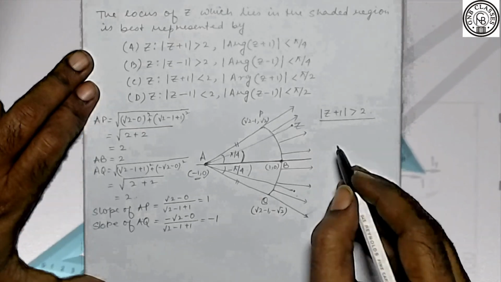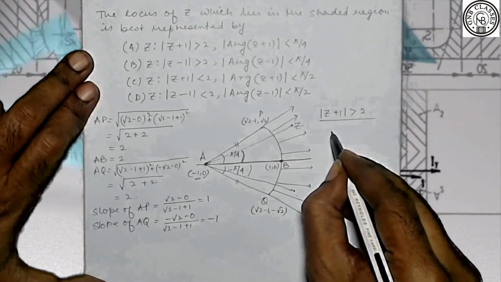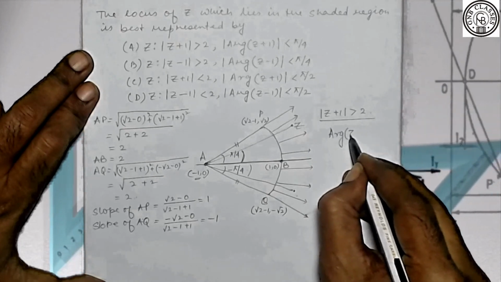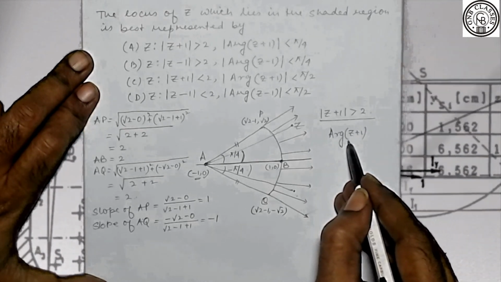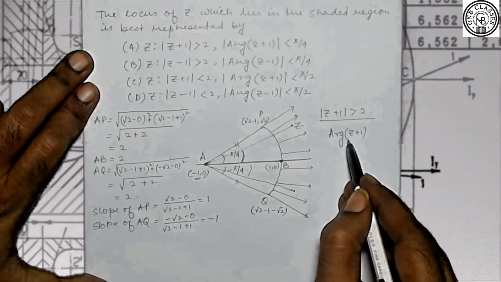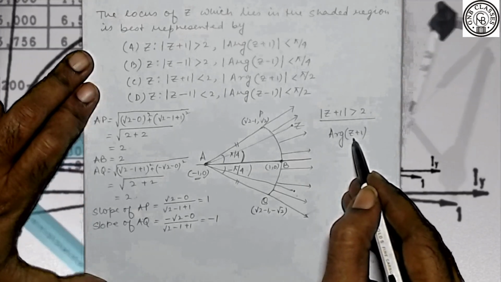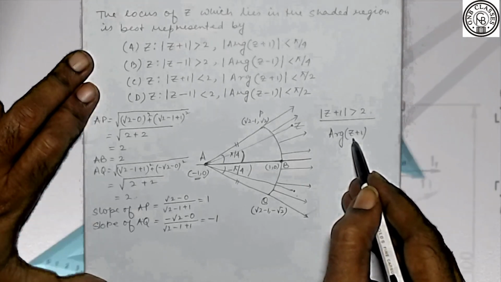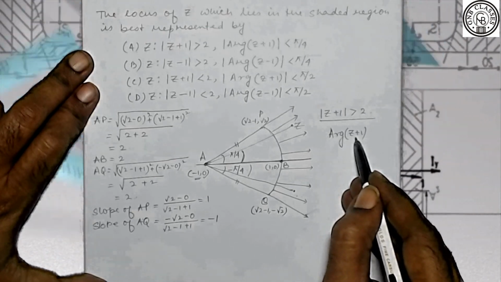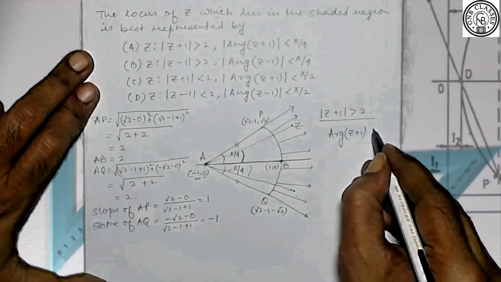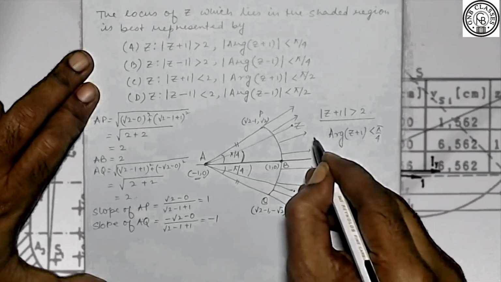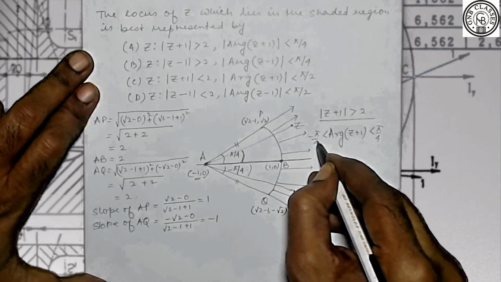In mathematical notation, we can write the argument of Z plus 1. What is the argument of Z plus 1? It is the ray emanating from the point -1, 0 with Z lying on that line. The argument of that complex number will be less than pi/4 and greater than -pi/4.